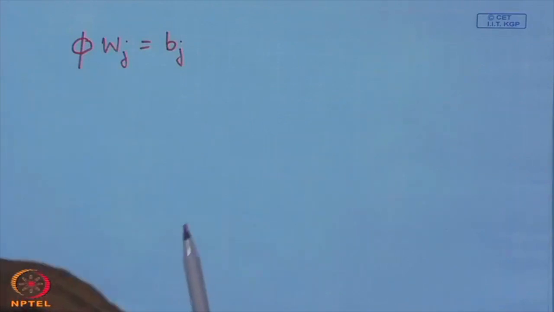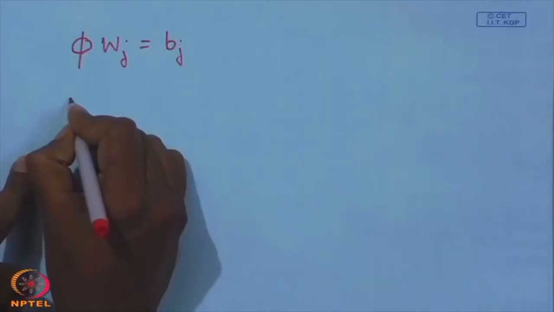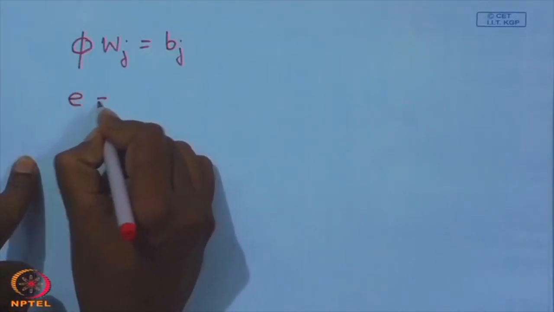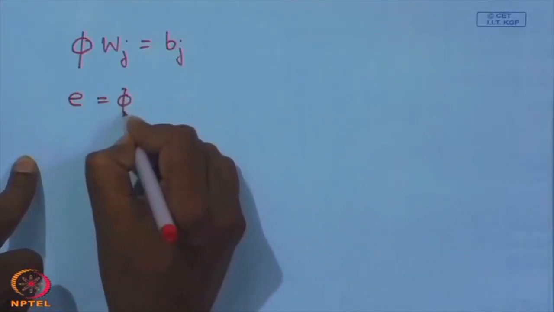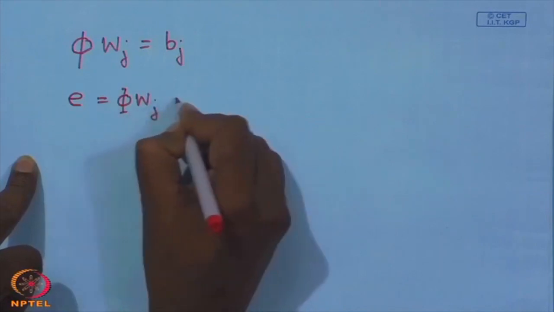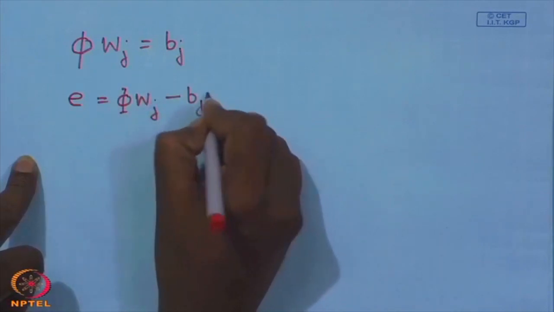But what we are trying to do is we are trying to train the network, that means we are trying to set the weights w j. So, we cannot expect that this equation will be satisfied initially. If this equality is not satisfied, then what I can do is define an error E, which is nothing but phi w j minus b j.